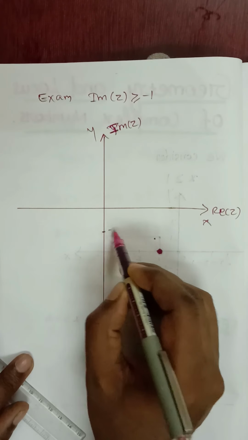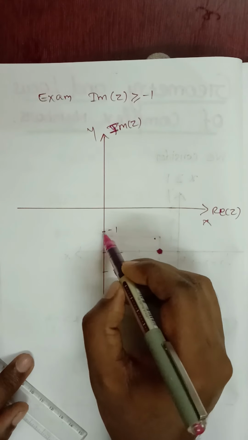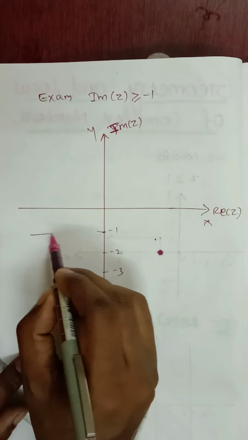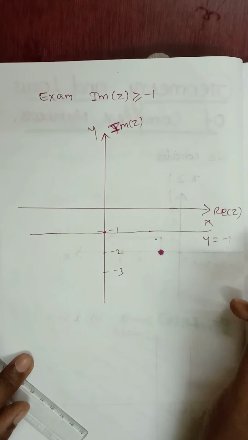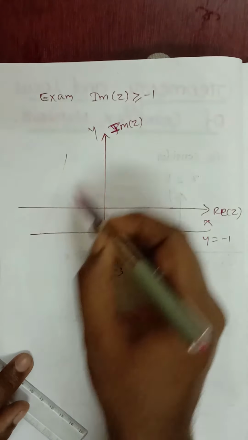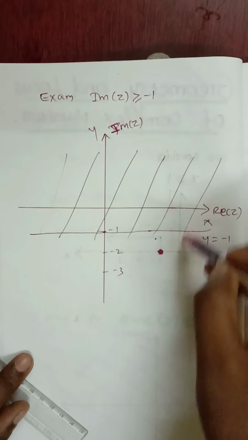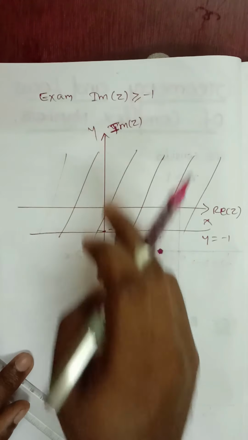This is minus 1, this minus 2, this minus 3. I am going to draw the line here, y equal to minus 1. So this is the locus of imaginary of z greater than or equal to minus 1.